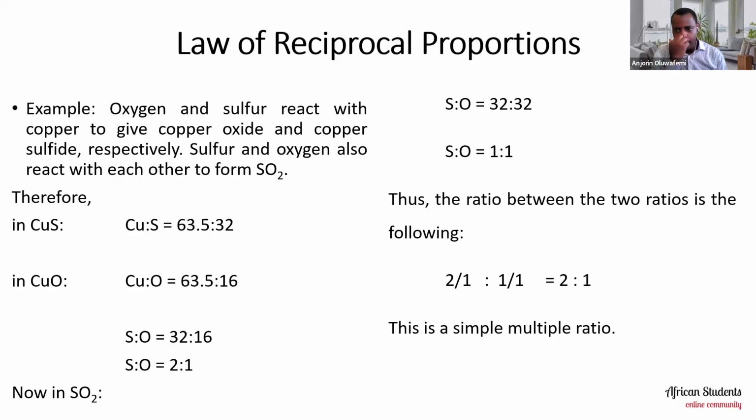But when you look at it closely, the ratio is 2 over 1 divided by 1 over 1, so ratio 2 to 1. So this is a simple multiple ratio, and this establishes the law of multiple proportion.